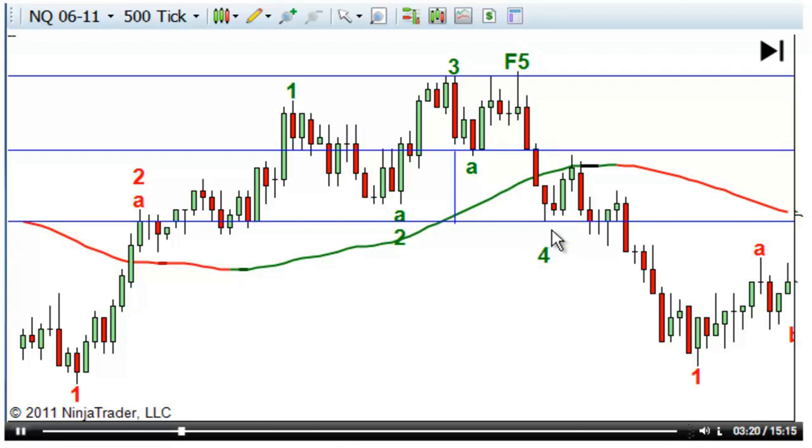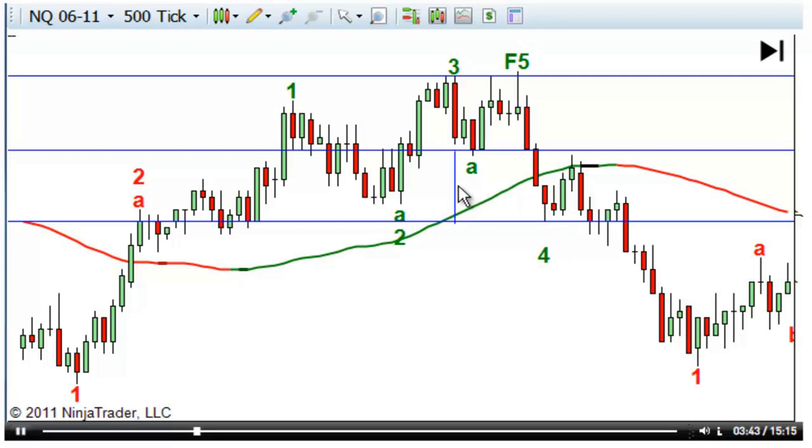And this one just happens to hit it to the tick. It's not always that neat, obviously, but the measured move approach is not unreasonable. It has some merit, and you can certainly do that if you want to.